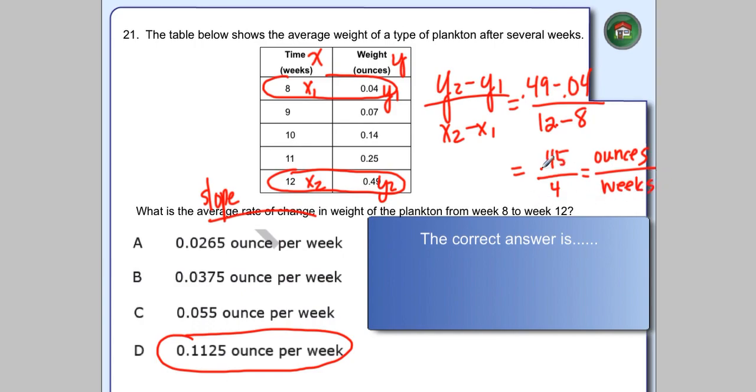So you would increase 0.45 ounces per 4 weeks, or you would gain 0.1125 ounces per week. So this is doing per week, and this is doing 4 weeks. Okay.